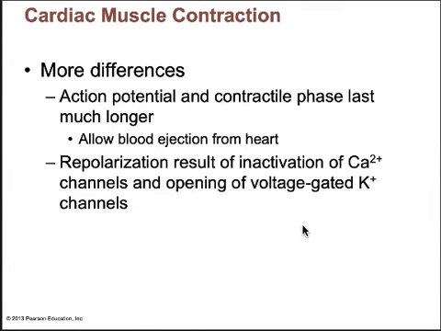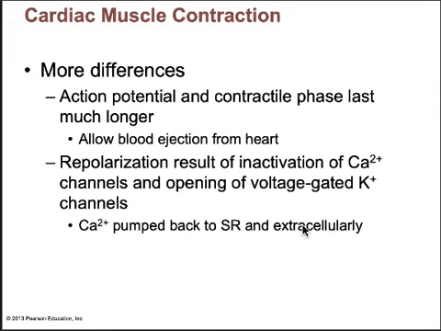Repolarization is the result of the inactivation of calcium channels and the opening of potassium channels. The calcium gets pumped into the sarcoplasmic reticulum using ATP as an energy source, as well as being ejected extracellularly.